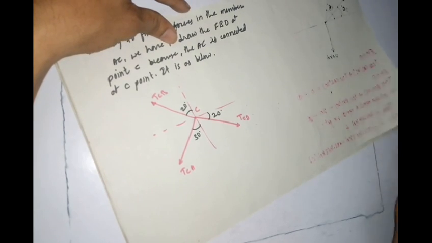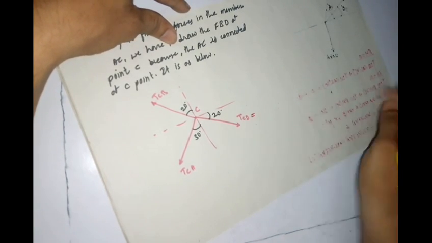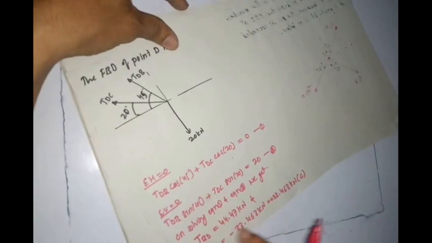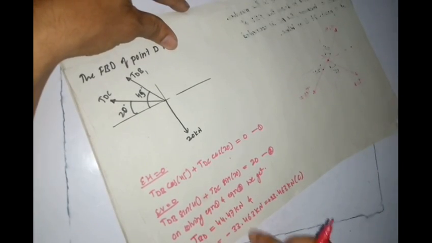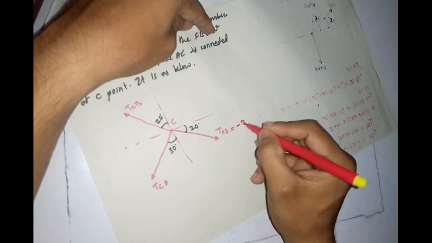By resolving the point D, we have got TCD as minus 33.463.